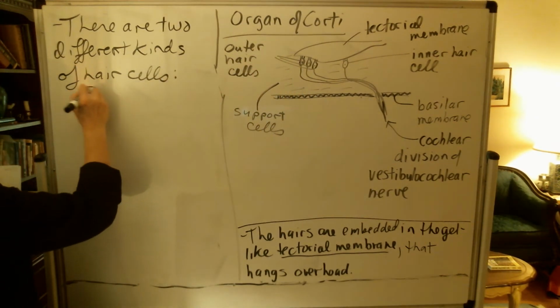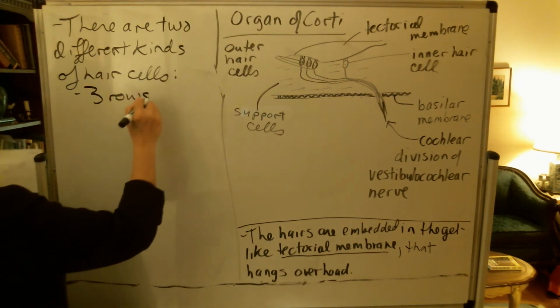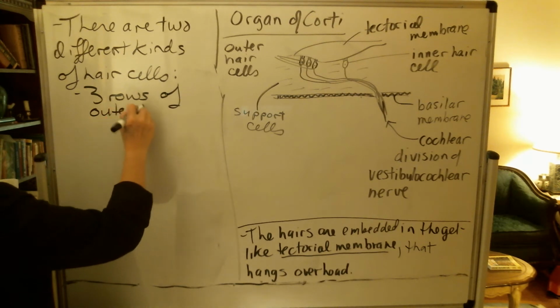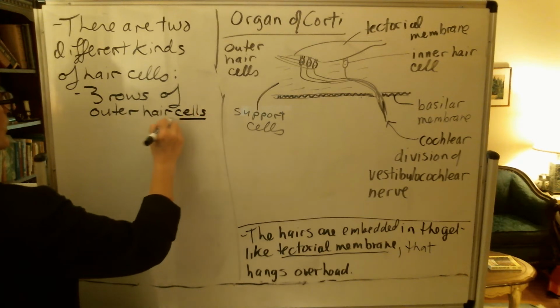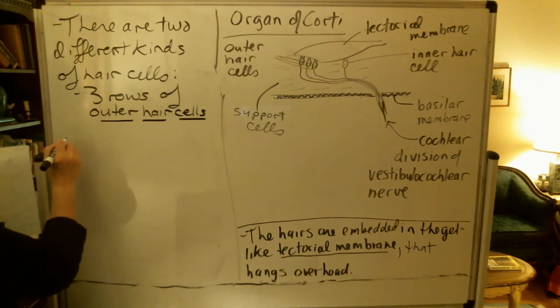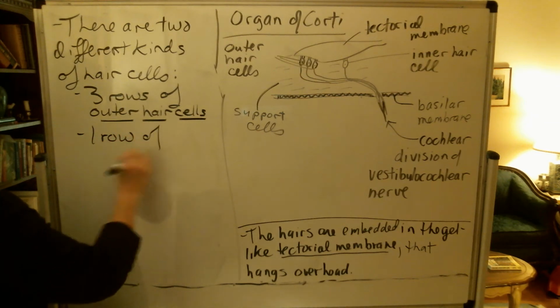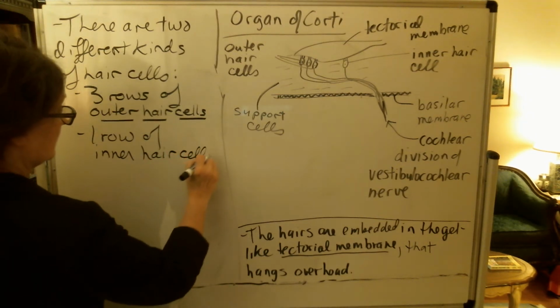So there are 3 rows of outer hair cells, and there is one row of inner hair cells.